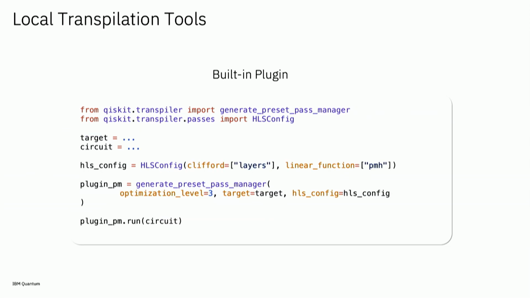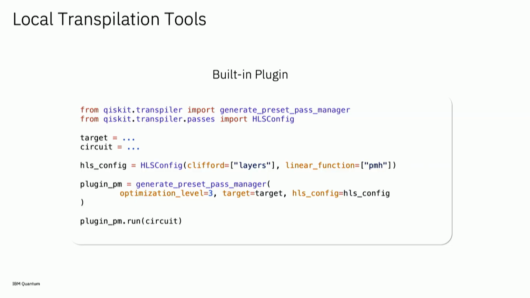What if we want to use the famous built-in plugins? Just in case you didn't catch it, these built-in plugins that we expose in Qiskit can be configured through their own config classes. So this is for the high-level synthesis plugins. There's this class called HLSConfig, and there you can set a lot of options.